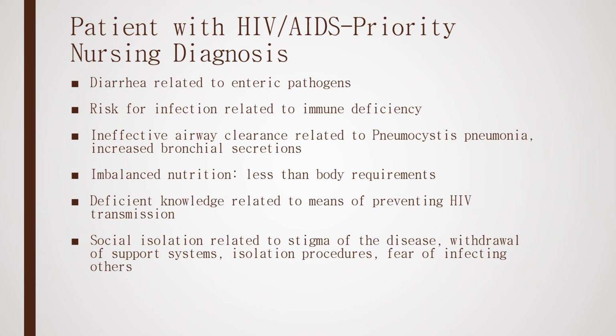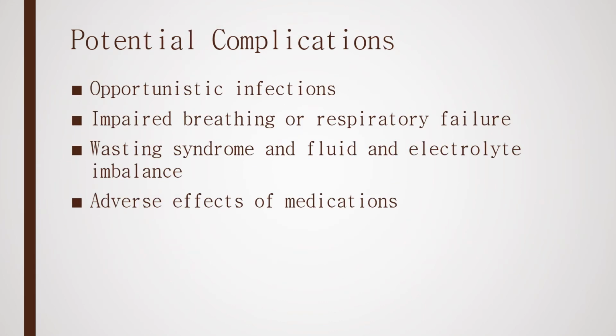We want to pay attention to increased bronchial secretion, to keep the airway clear. Imbalanced nutrition, less than body requirement, is another priority. Deficient knowledge related to means of preventing HIV transmission is the next priority, and social isolation. All right.